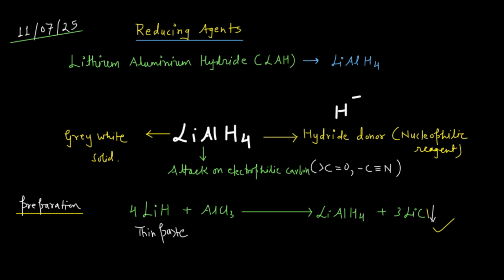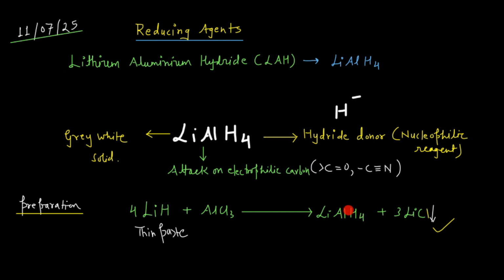When we do this reaction of lithium hydride with aluminium chloride, we get a mixture in which lithium chloride is the precipitate. We can filter this precipitate and discard it, and the filtrate will have the lithium aluminium hydride.